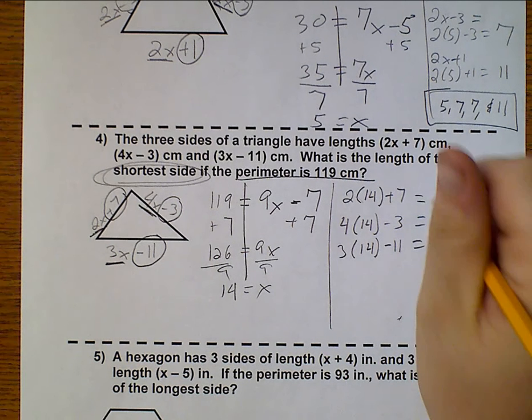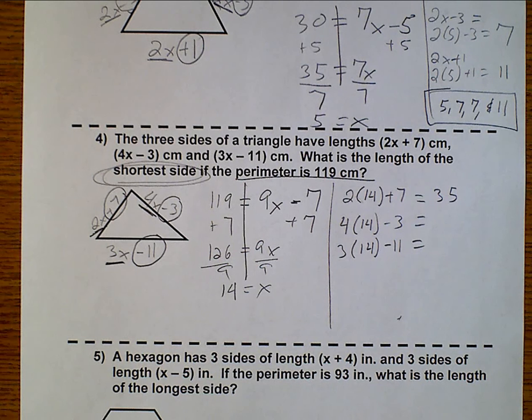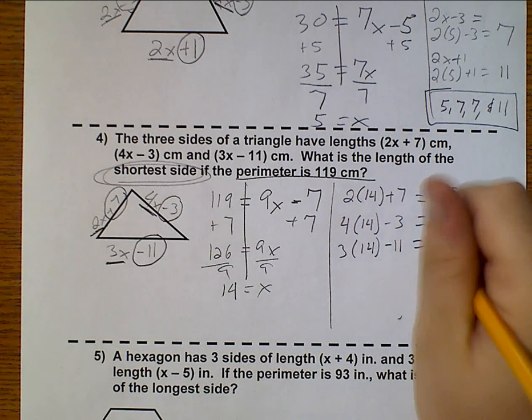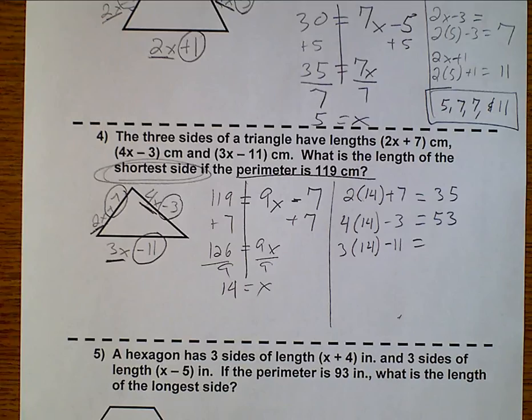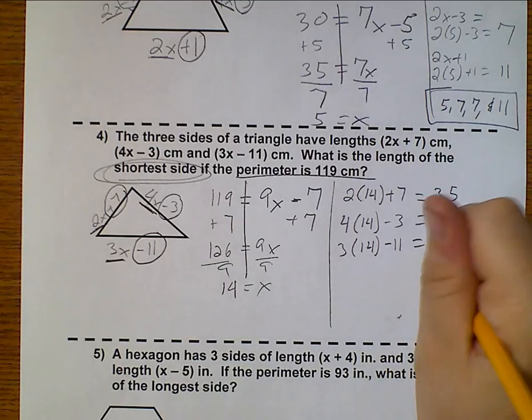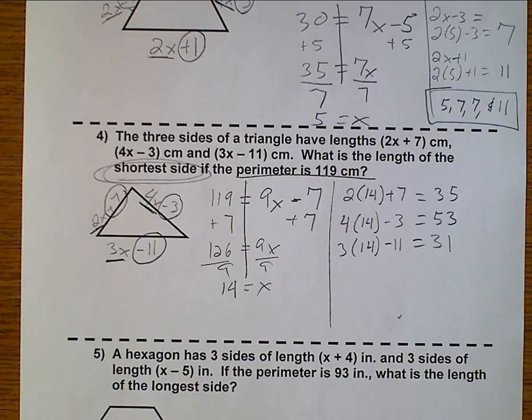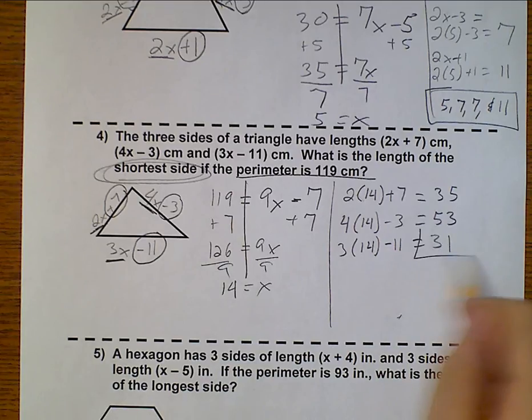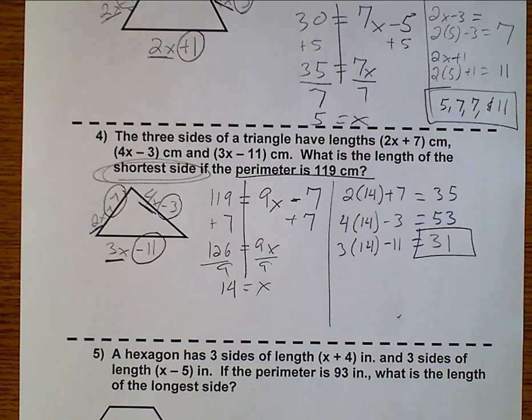That's 35. 53. And 31. And so this one is my shortest side. You may have been tempted to say, well, 2 is the smallest coefficient, and so that has to be my shortest side. However, it wasn't, because subtracting 11 was a bigger deal than adding 7.